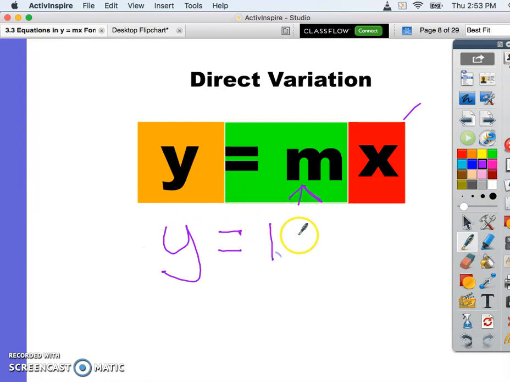Say our slope was 10 over 3, and then times x. It becomes a number, and our x stays the same. Our x is our input. All direct variation equations are going to be in this form.